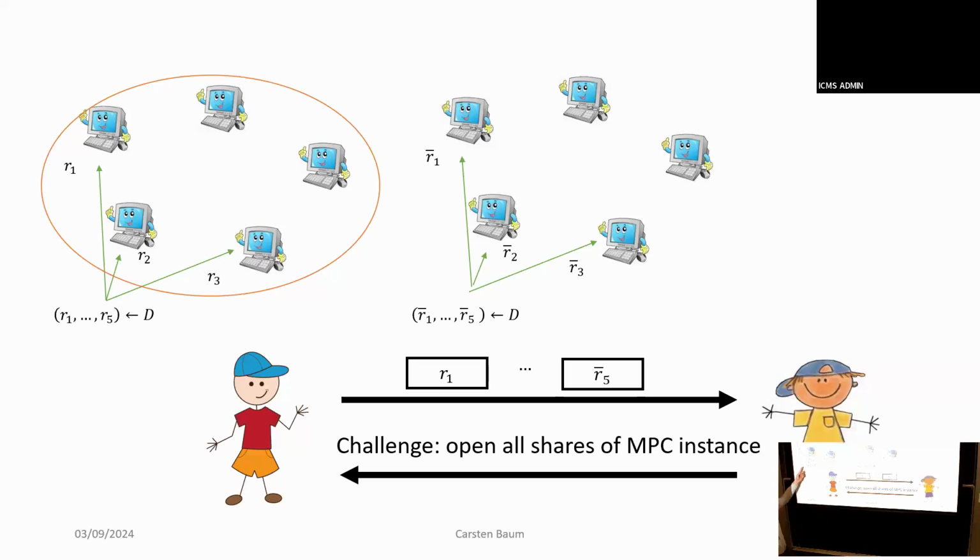Like in this case, I want these things to reconstruct to A, B, and C such that A times B is C. This is something that a verifier can do. I can just get all of these, and I don't learn anything secret here. And then we're going to throw away this MPC-in-the-Head instance.